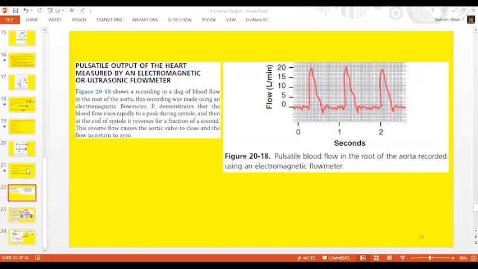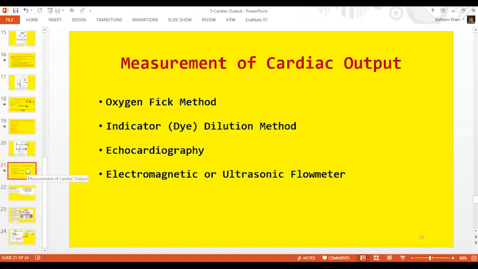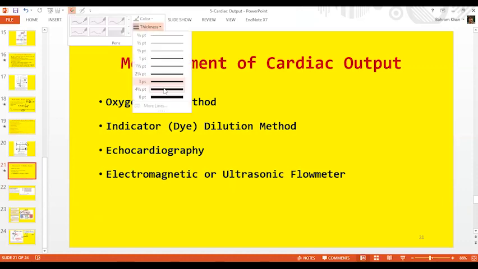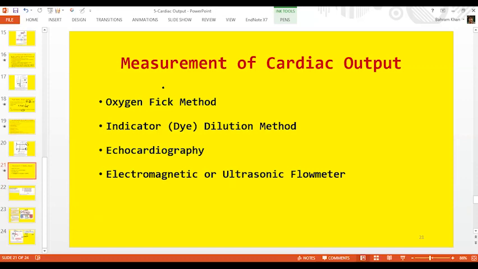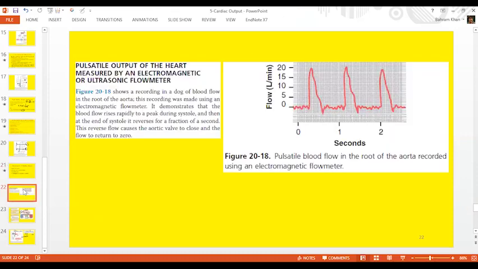So there are different methods for measurement of cardiac output. We have discussed the oxygen Fick method and dye dilution method in detail. We can sometimes use echocardiography or ultrasonography for measurement of cardiac output as well. This graph indicates the blood flow.